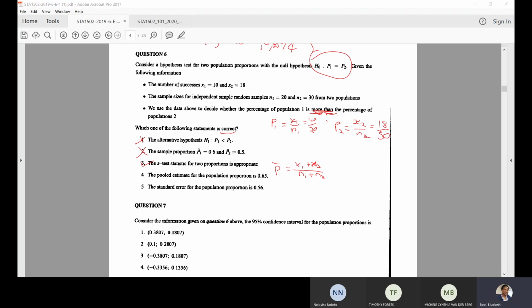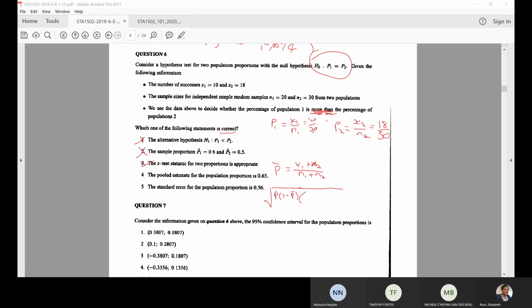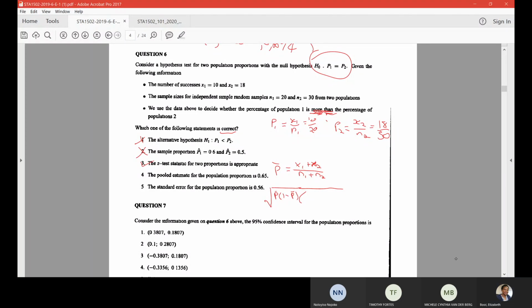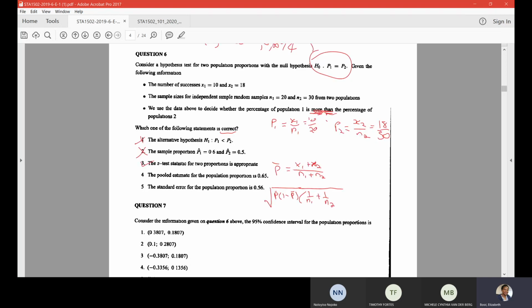The standard error, you can calculate it, because it will be the square root of your pooled proportion times 1 minus your pooled proportion times 1 over N1 plus 1 over N2.